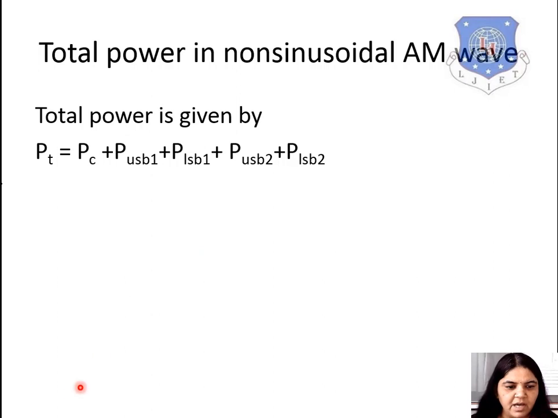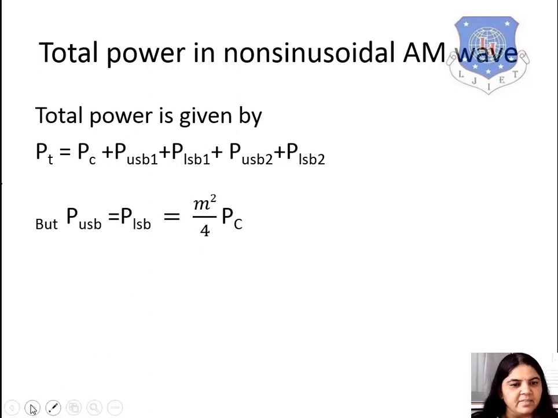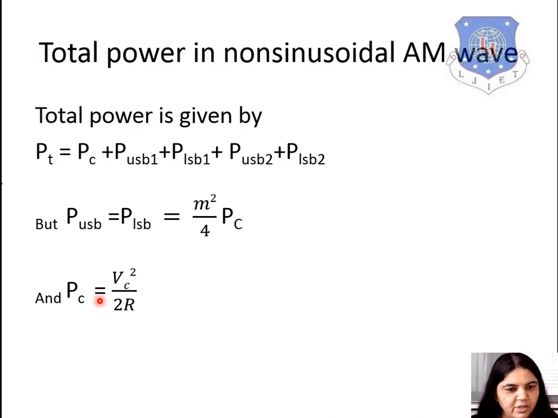So now we are putting the value that PUSB is equal to PLSB, and that is equal to m square by 4 PC. So we are using the same relationship which we used earlier, okay? And we know that PC is equal to VC square upon 2R.